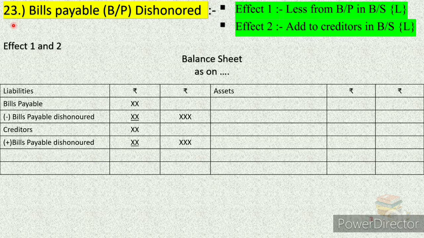So same one statement, bills payable minus bills payable dishonored, leftover amount written in outer column. Second effect, in creditors we are adding bills payable dishonored, the sum is written in outer column.